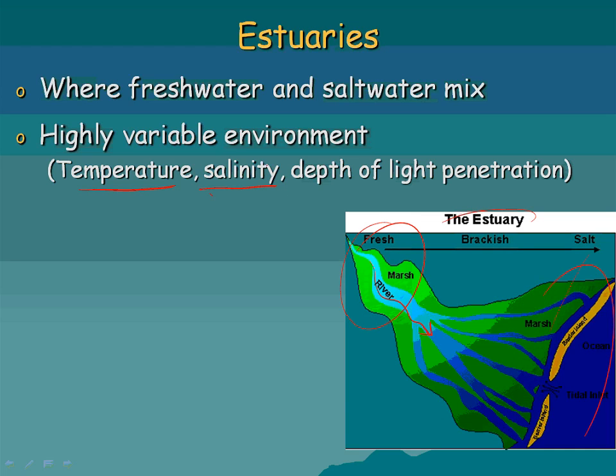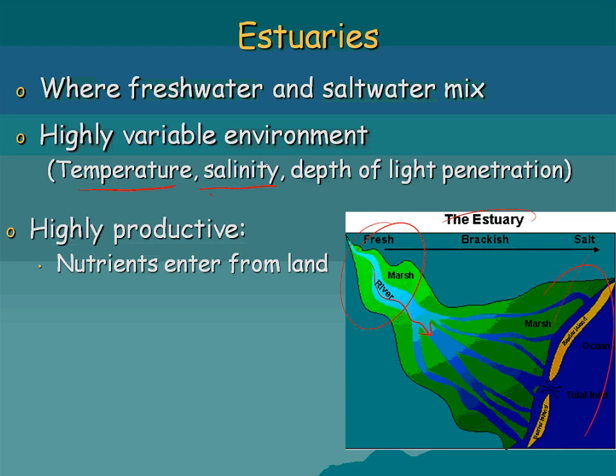Salinity is going to go down too, because you have more fresh water, as opposed to in the summer months and towards the fall, there isn't as much water flowing, and it's also warmer outside, so the temperature goes up, and the salinity also goes up because you don't have as much water, and the water is evaporating, so the salt concentration is going to go up. And also in terms of depth of light penetration, when you have lower water, the light can penetrate deeper.